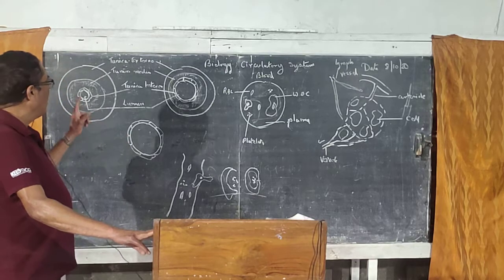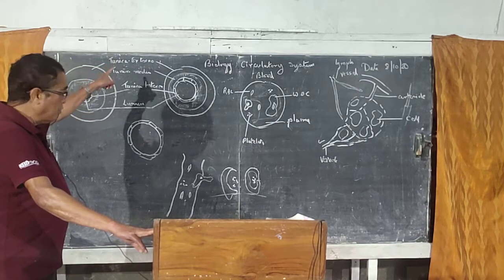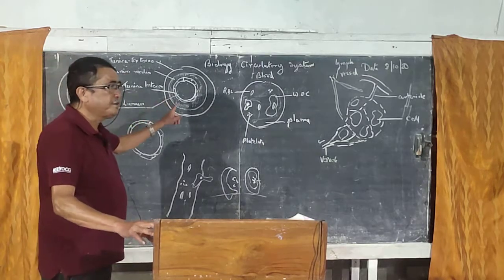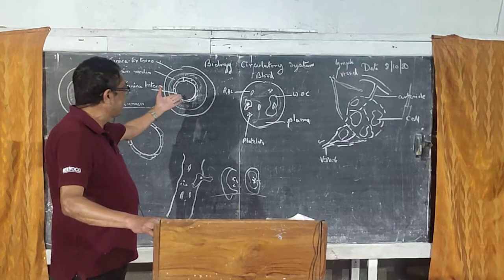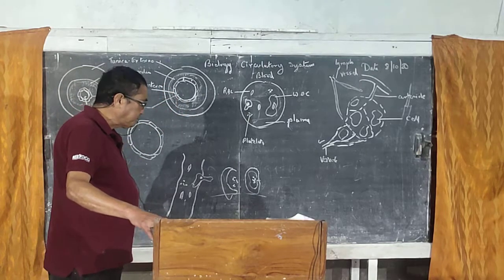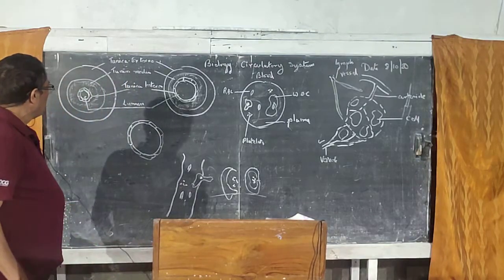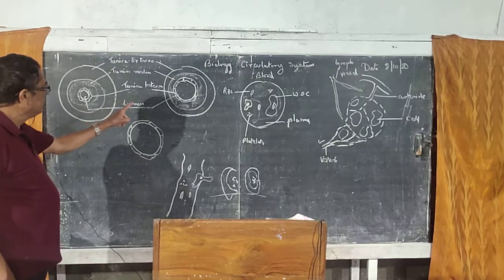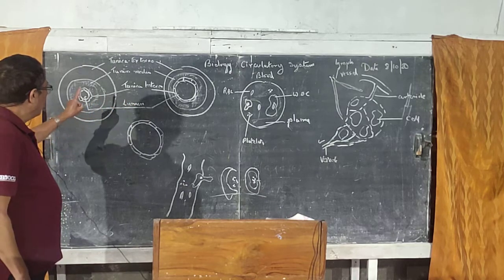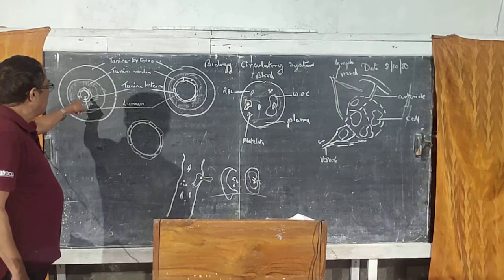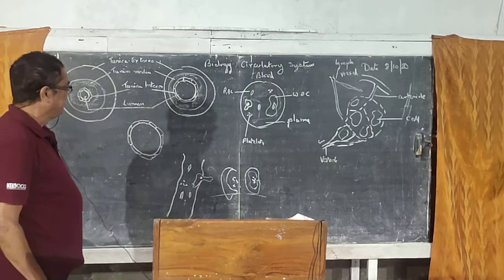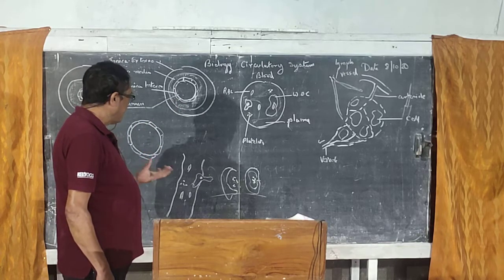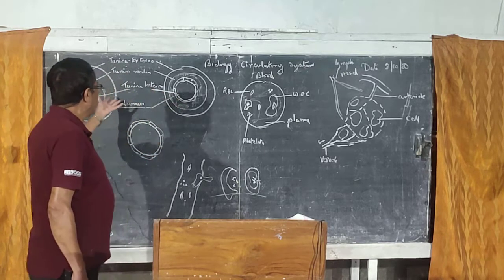But overall, all arteries carry oxygenated blood except pulmonary artery. All veins carry deoxygenated blood except pulmonary veins. Thick wall, thin wall. Then, in arteries, blood flows under pressure, and in the veins, blood flows under low pressure. So these are the ways to identify.